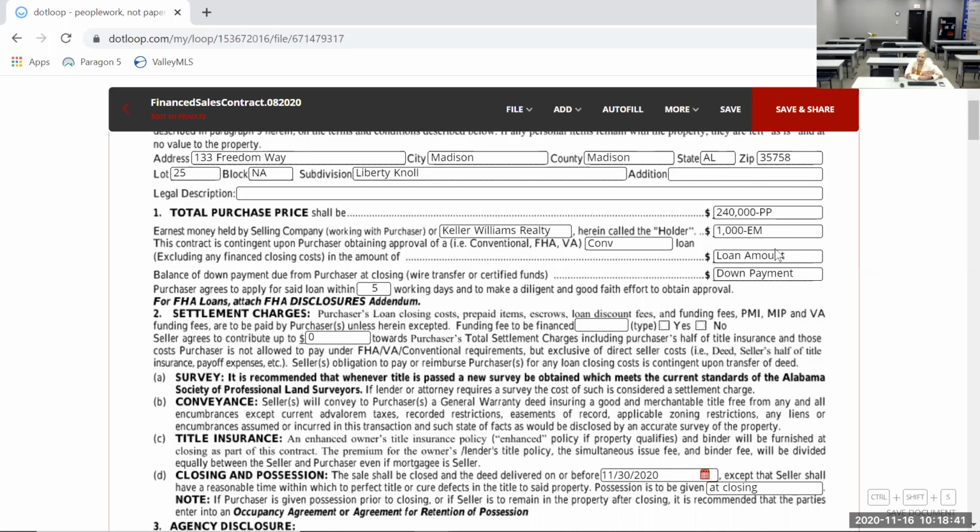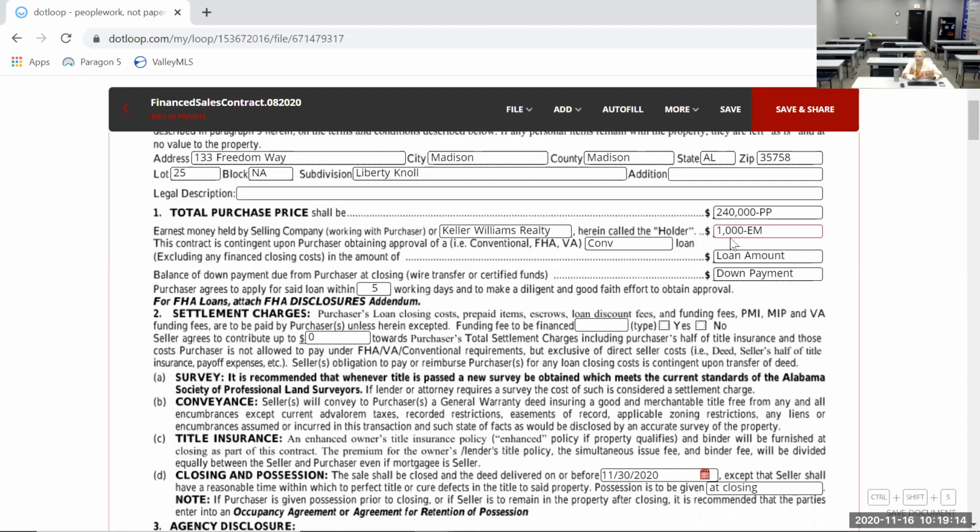She said to me, well, I thought I could just put the earnest money up and then get it back if I walked away. That is not true at all. This is a legal binding contract. We need to make sure they understand that once they sign this contract, it is legal binding and the seller can hold them to the contract. So earnest money goes in the second slot.